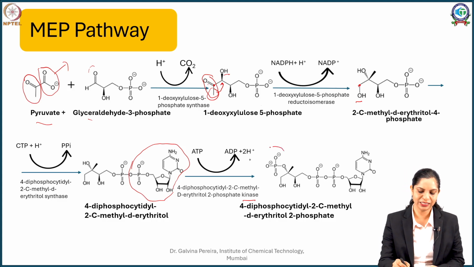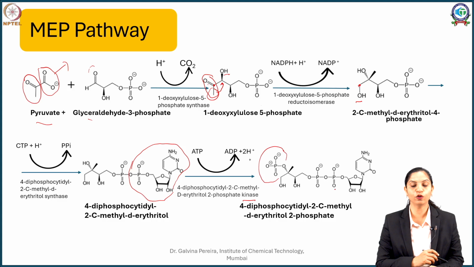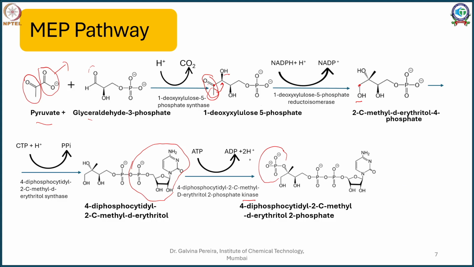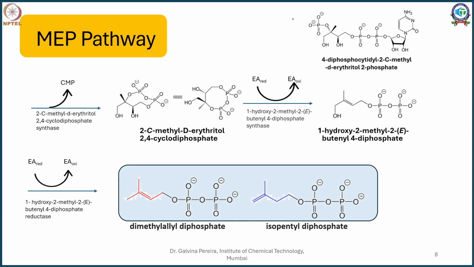This kinase phosphorylates here, and as a result you have 3 phosphate groups in this. So the resultant compound formed is 4-diphosphocytidyl 2C-methyl D-erythritol 2-phosphate.